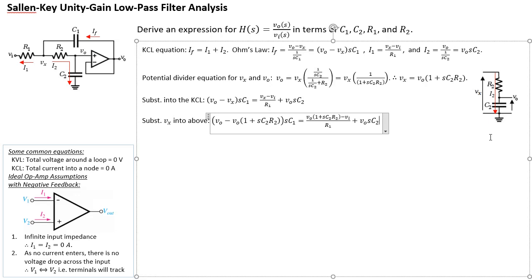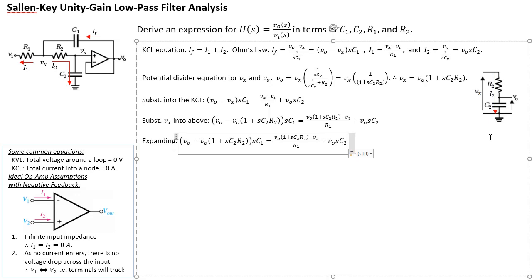All right, so now I need to expand this. So I'm going to copy this equation down. So expanding. How do I expand? Well, if I notice inside this bracket, there's VO. I can factorize VO.